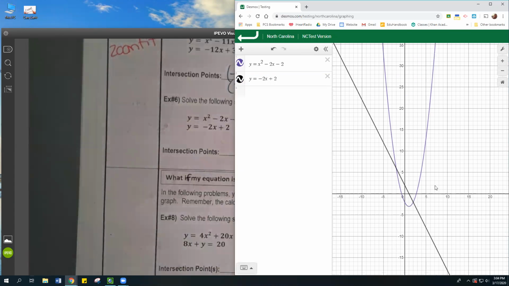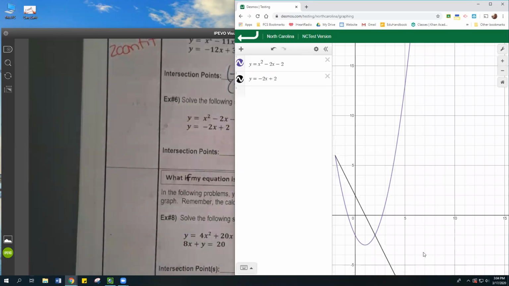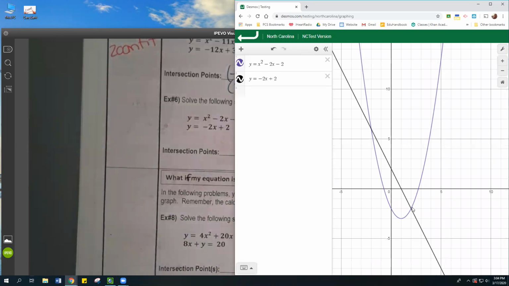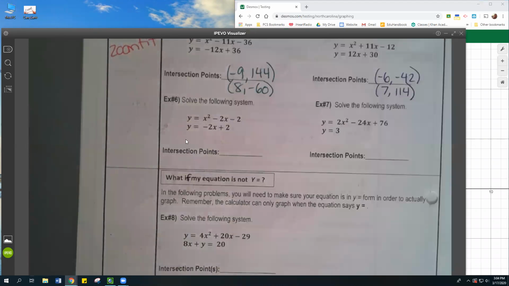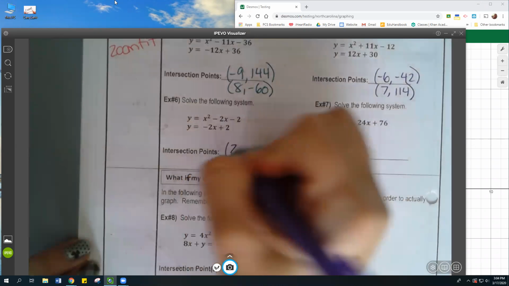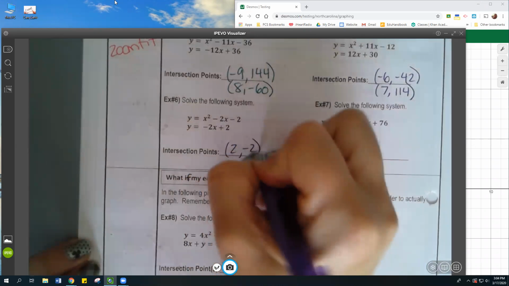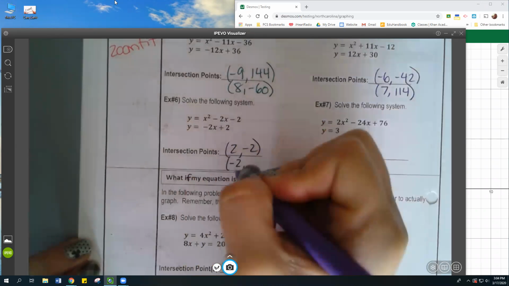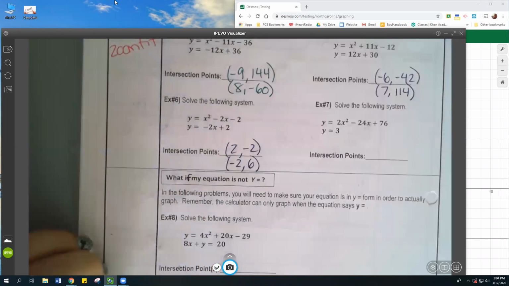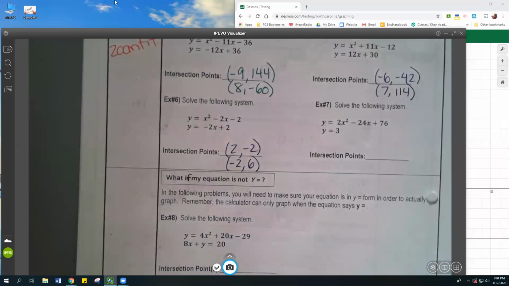All right, so here are my intersections. I'm going to zoom in and I've got one right there at positive 2, negative 2, and one right there at negative 2, positive 6. And really, how easy is it just to toggle back and forth between your tabs, punching in your equations, and then filling out your paper?